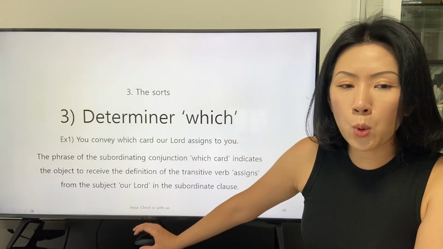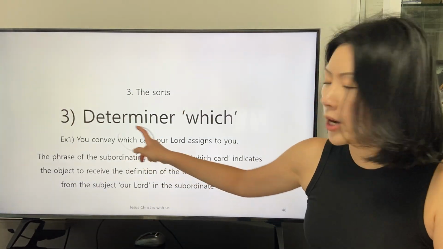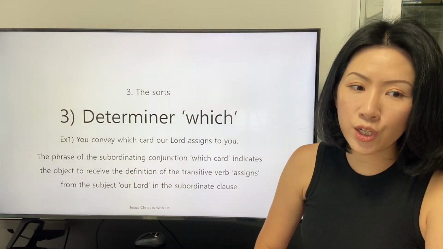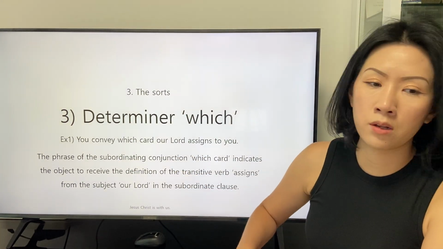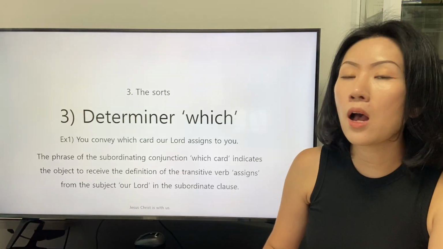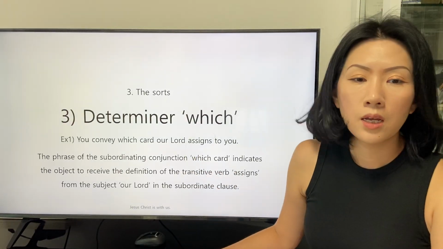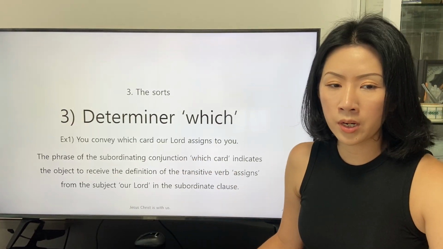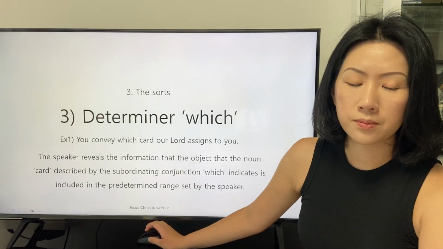The phrase of the subordinating conjunction which card indicates the object to receive the definition of the transitive verb assigns from the subject our Lord in the subordinate clause.